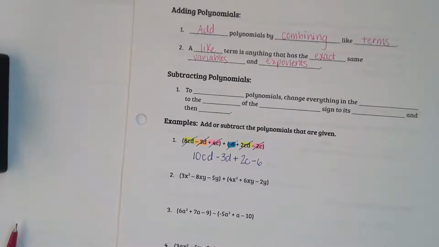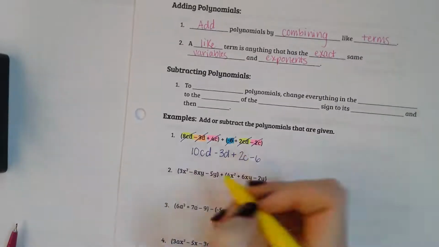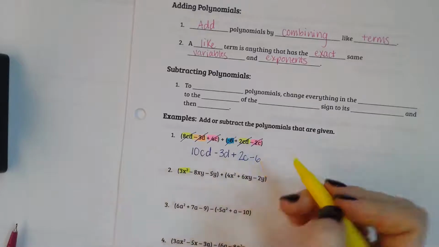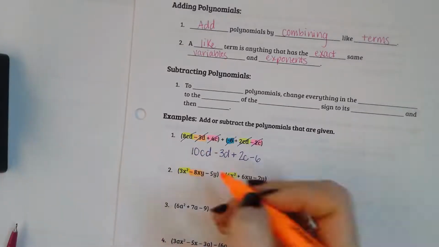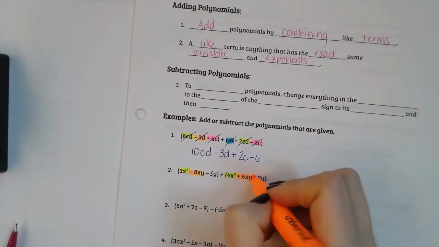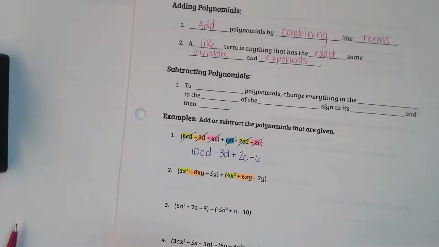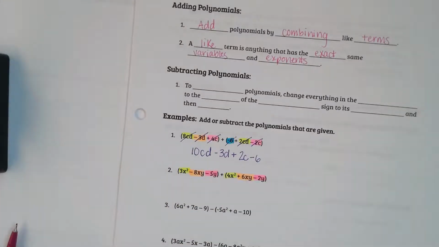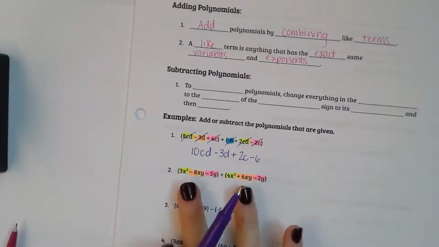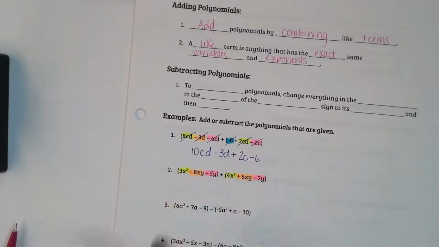Okay, so let's do the same thing here. So I've got 3x squared and the 4x squared. The negative 8xy and the 6xy, then negative 5y and the negative 2y. So this one's a little bit nicer because we have one of everything in both polynomials.